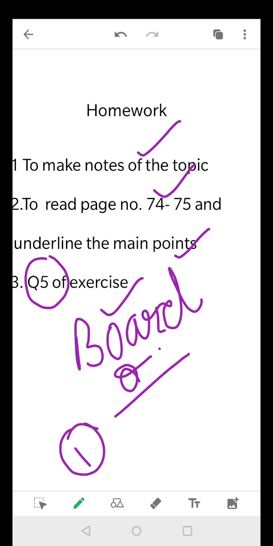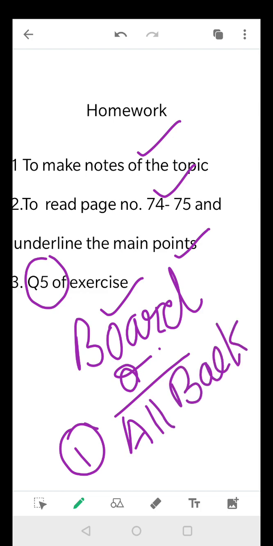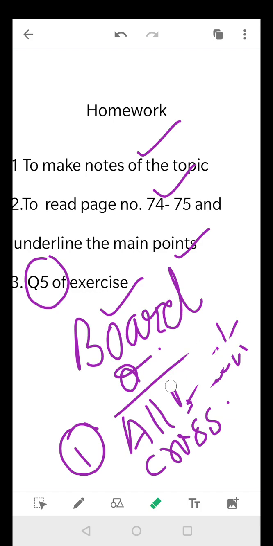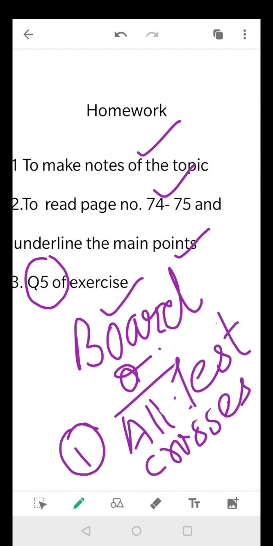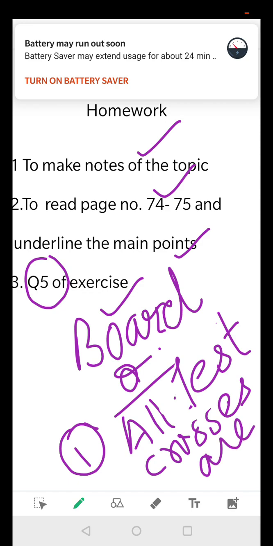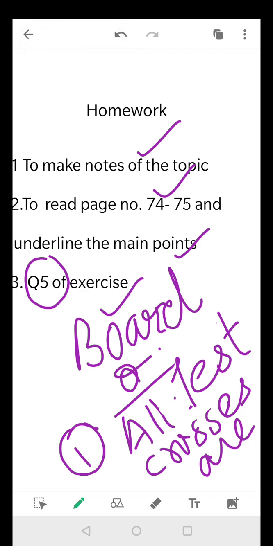The question says, all test crosses are back crosses, but all back crosses are not test crosses.